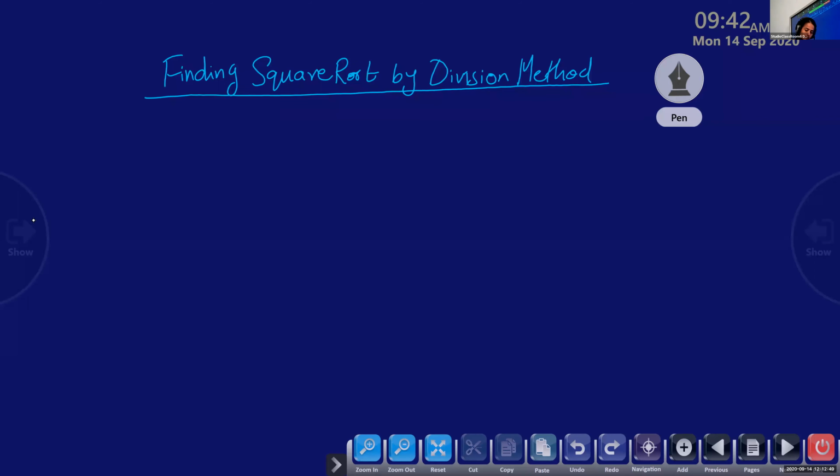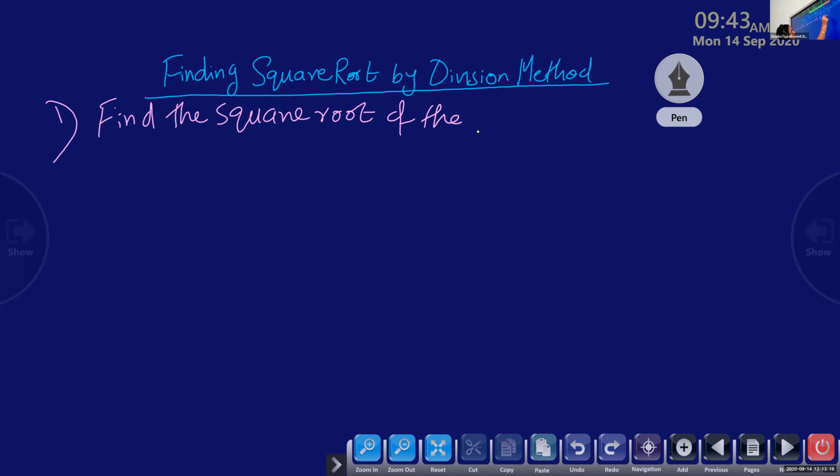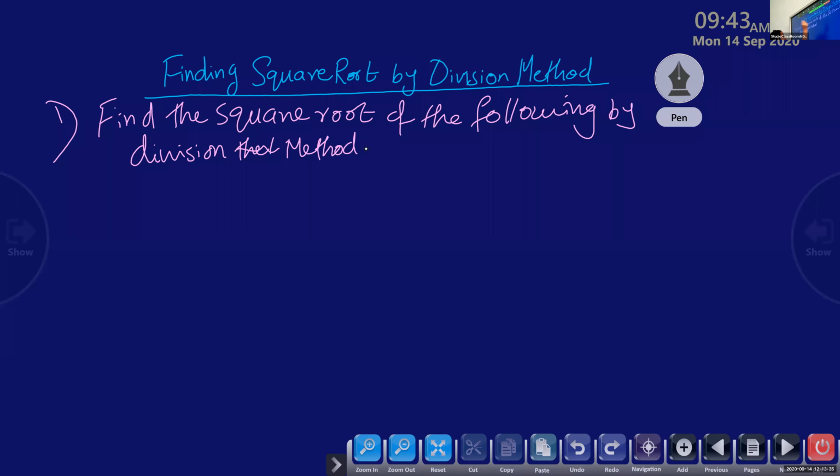So write the question. Find the square root of the following by division method.